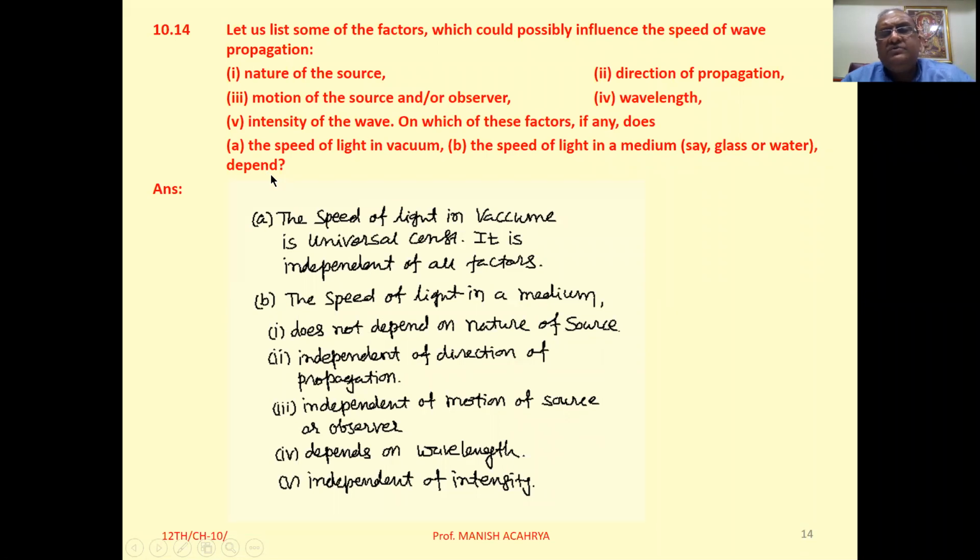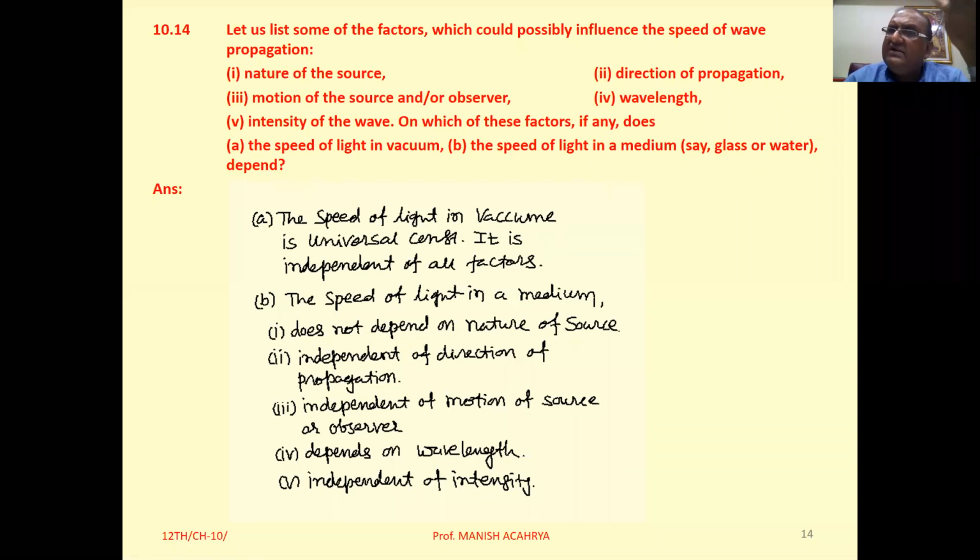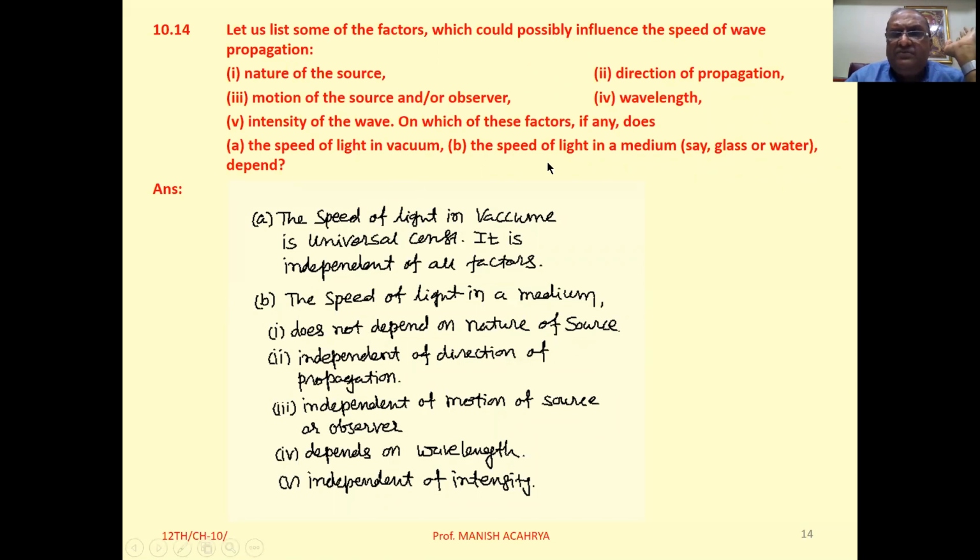So speed of light in vacuum, that is a constant and a universal constant, so it is independent of any type of factor. But now if we think about the speed of light in the medium, it does not depend on the nature of the source. It is not depending on the direction of propagation; in all directions in any medium, it will move with the same velocity.